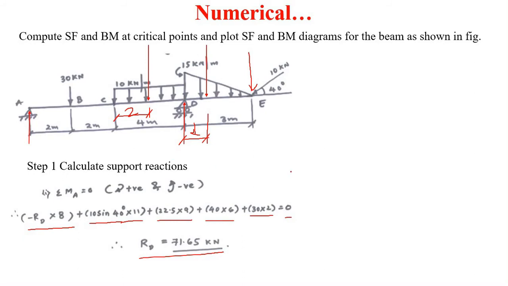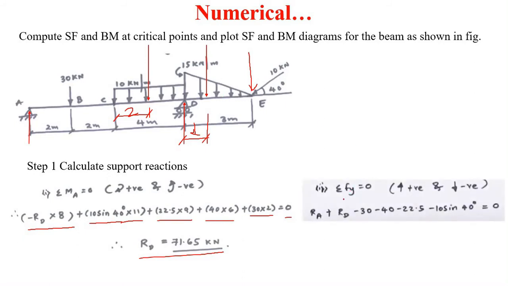Now the next thing, we will use the second criterion, that is the summation of all the vertical forces equals 0. So summation of Fy is equal to 0 here. We will consider upward forces as positive and downward forces as negative.